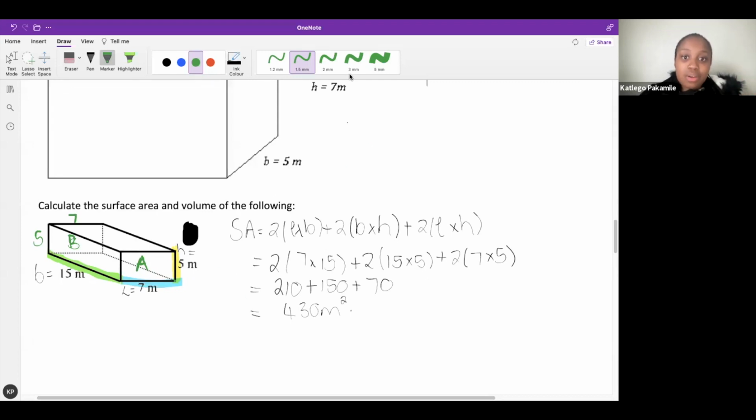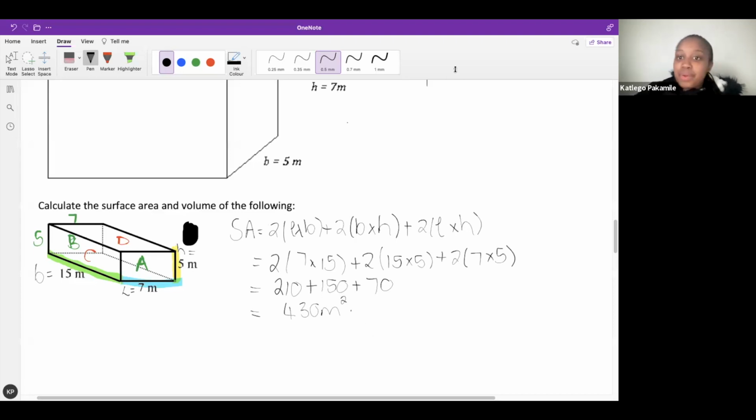Instead of saying area of A plus area of B, you just say 2 times the area of A because they are the same area. And then you do the rest of them. Let's say C is this one on the side. Do you agree that it's the exact same rectangle as that one at the back? That's why we keep saying 2 times, 2 times, 2 times. Okay, I understand now. Wonderful. I'm happy.